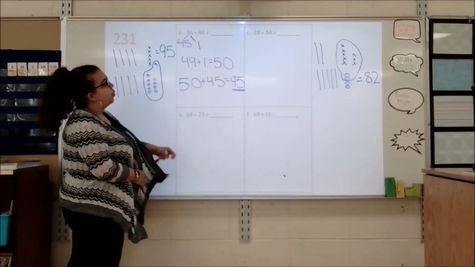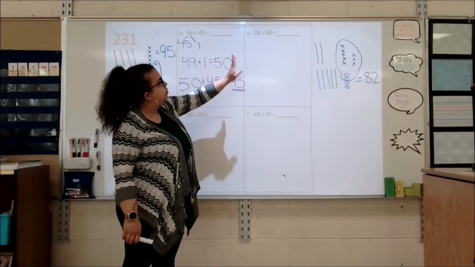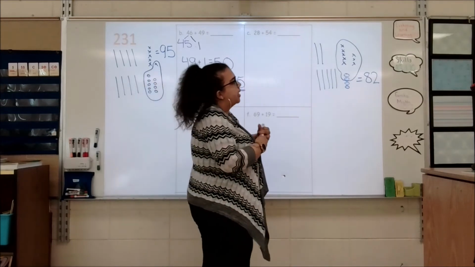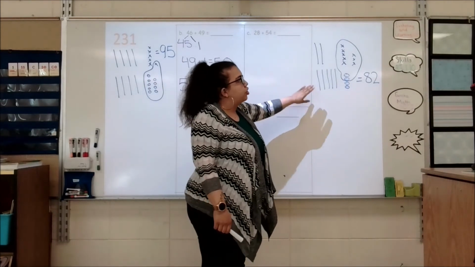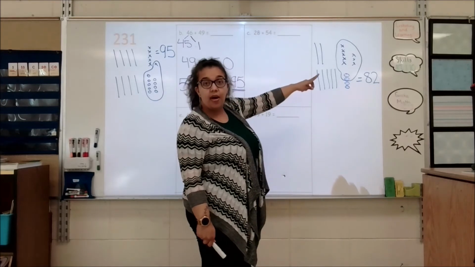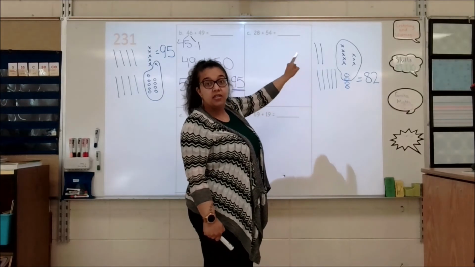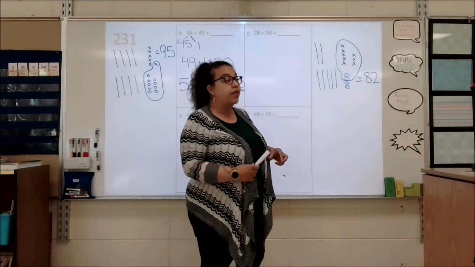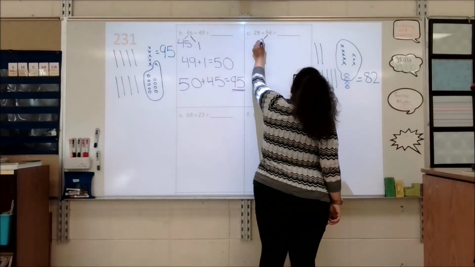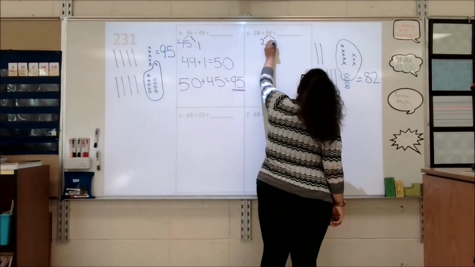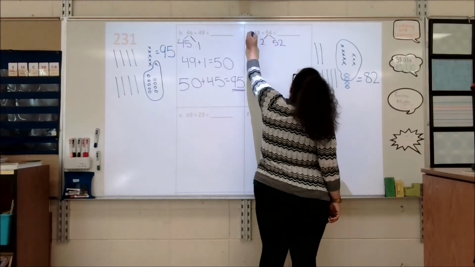Okay. So this time we're going to do the same thing. We're going to write the numbers to match the picture. Again, this time I added some ones to the 28 to complete a group of 10 first, and I left the smaller piece.